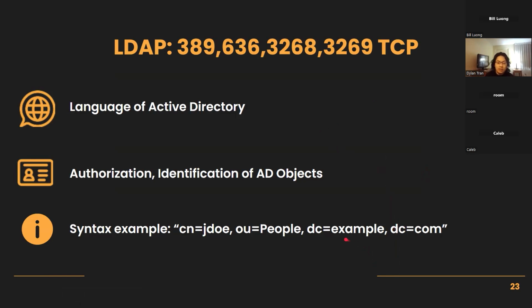So typically these DCs are going to be like your domain. So in this case, this object would be within the people organization. Trying to read this LDAP, what they call a distinguished name, this would mean that the user JDO is a part of the organizational unit called people, and it's a part of the domain example.com.